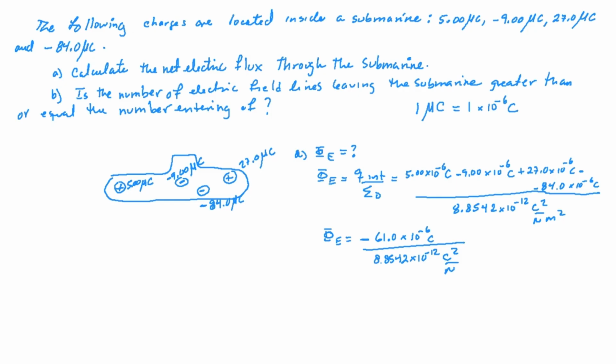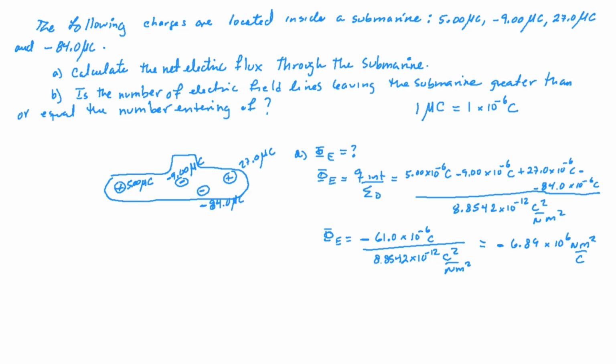Now, when you find the electric flux, it's going to be negative, and it's 6.89 times 10 to the 6 newton meter square per coulomb. So when we divide the negative 61.0 times 10 to the negative 6 by the 8.8542 times 10 to the negative 12, it gives us the minus 6.89 times 10 to the 6 newton meter square per coulomb. And this is the electric flux.